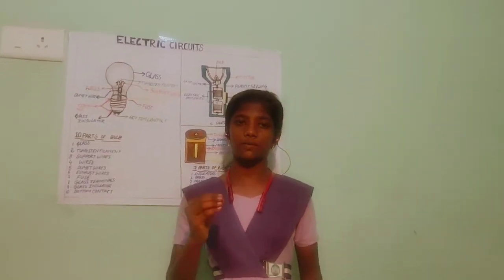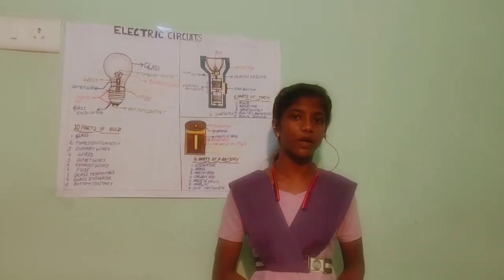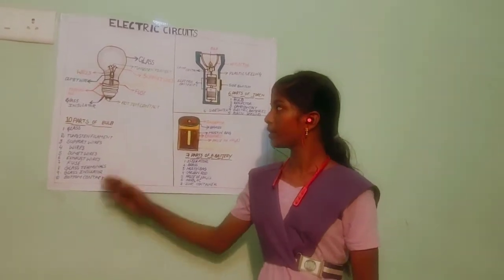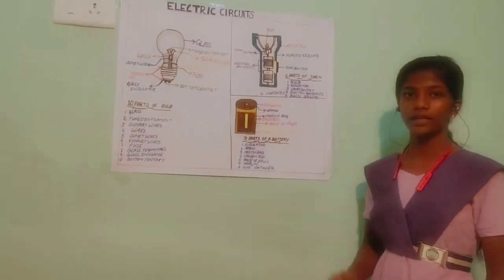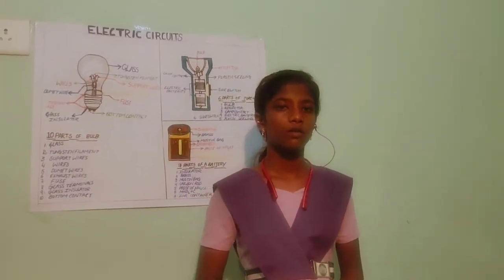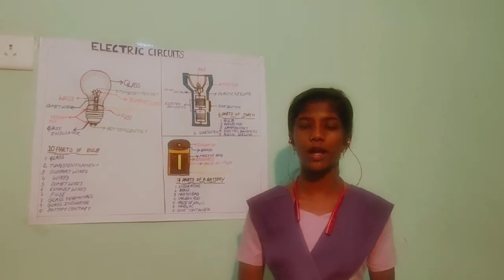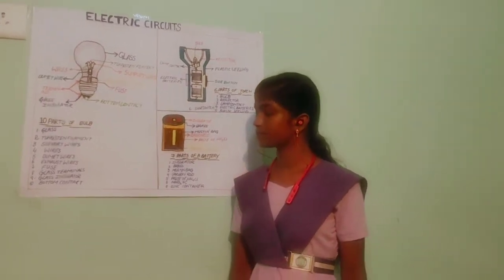Okay, I want to explain some things to you. You are seeing my chart? Yes, I hope you are seeing my chart. There are 3 diagrams in my chart. Why did I draw a bulb, a torchlight, and a battery?